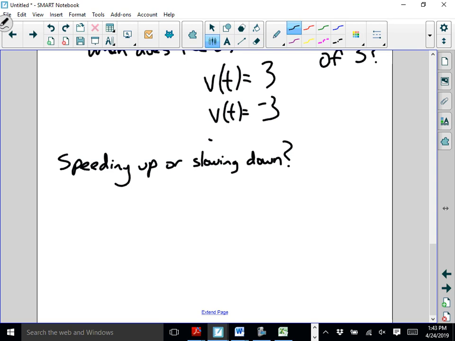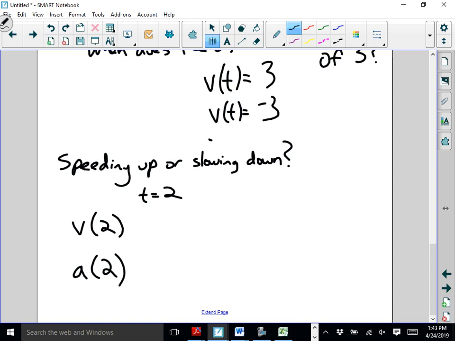I need to know the velocity at that time, and I need to know the acceleration at that time. So let's say, for example, at t = 2. Is it speeding up or slowing down at t = 2? Well, I need to check v of 2, and I need to check a of 2. You must check both. One alone is not enough to tell you the answer.